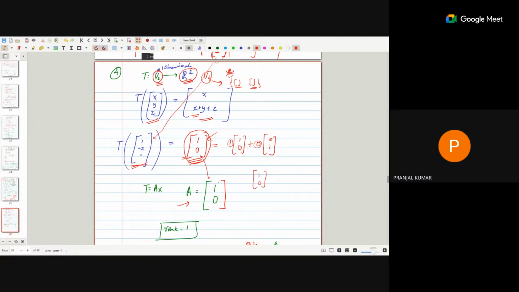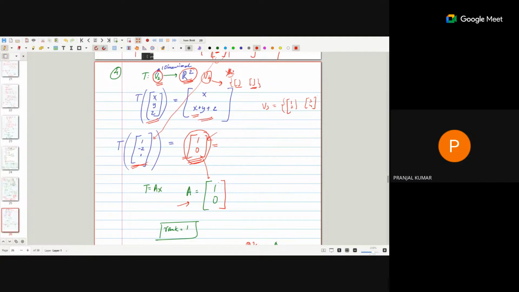But suppose some V3 was given here instead of R2, which had suppose these two basis vectors, (1, 2) and (3, 4).